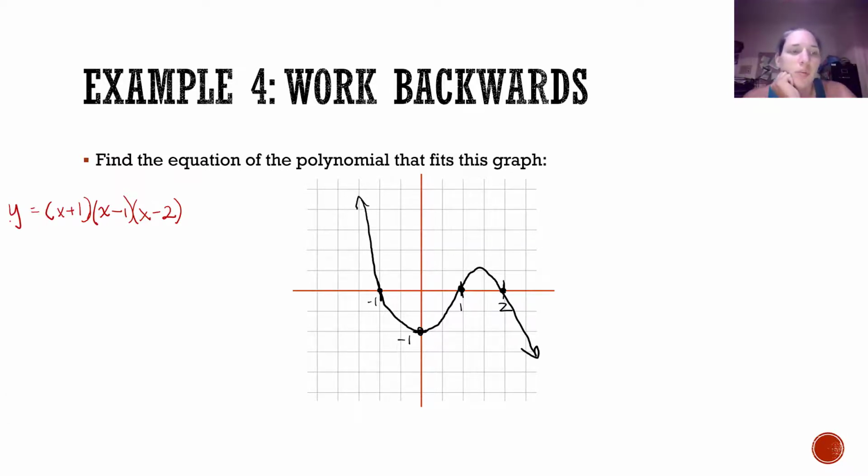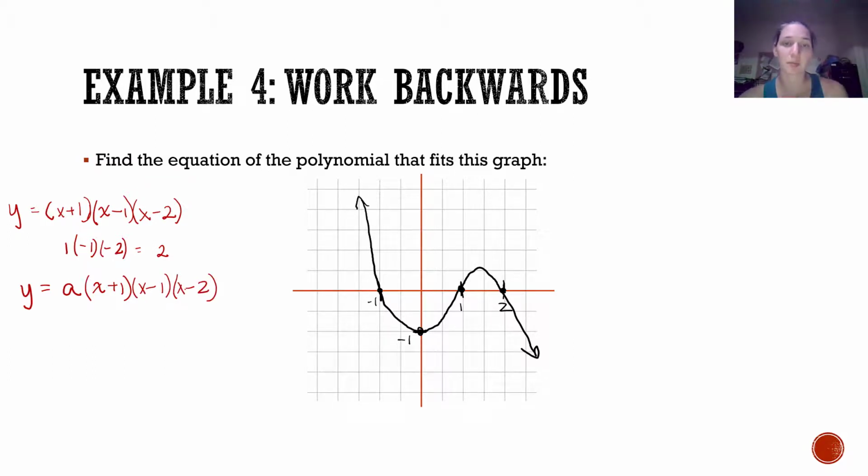But when we sub in 0 for x, I get 1 times -1 times -2, which is 2. This is not 2. So I need a scalar. So that's where I put in an a. Y equals a times x plus 1, x minus 1, x minus 2.